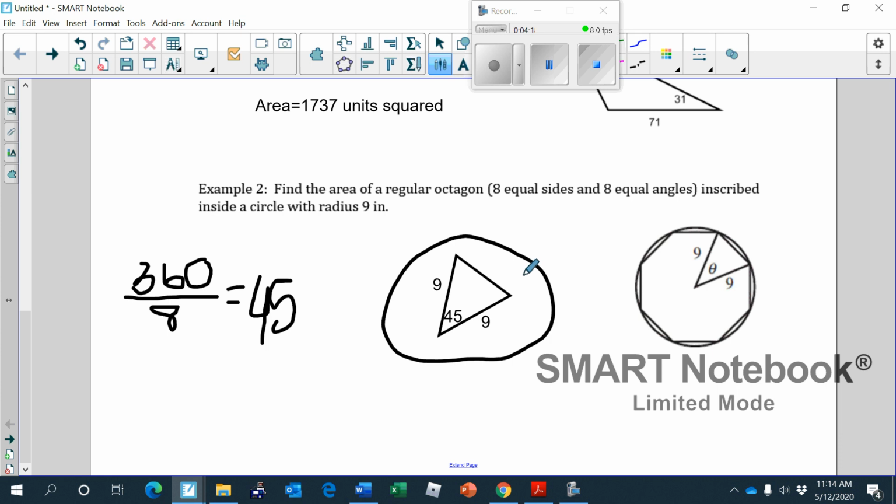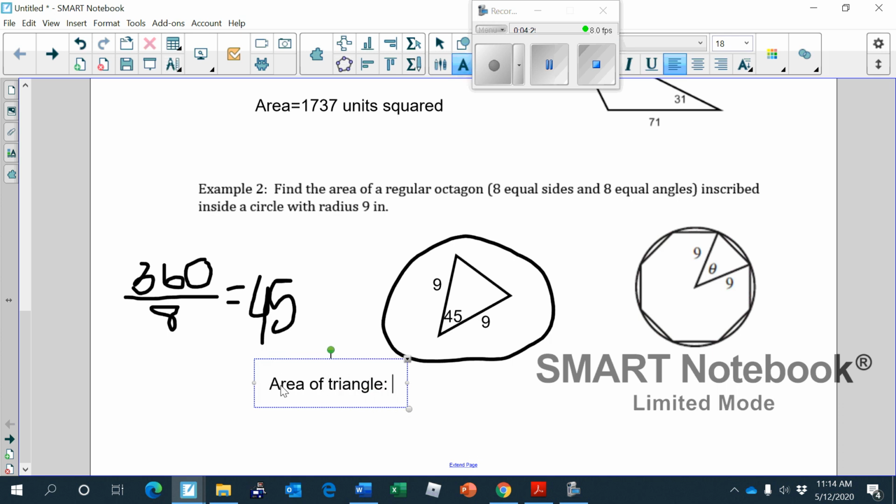Now, can I find the area of this triangle? Absolutely. I'm going to write area of triangle is equal to 0.5, again using 0.5 instead of 1/2, times 9 times 9 times the sine of 45. Go ahead and plug that in the calculator.